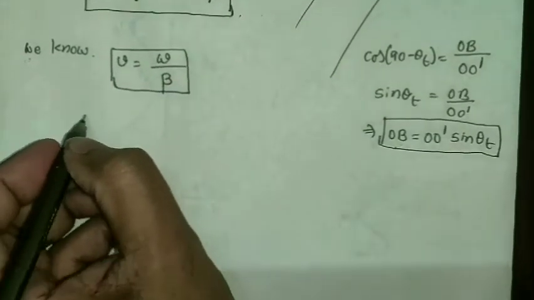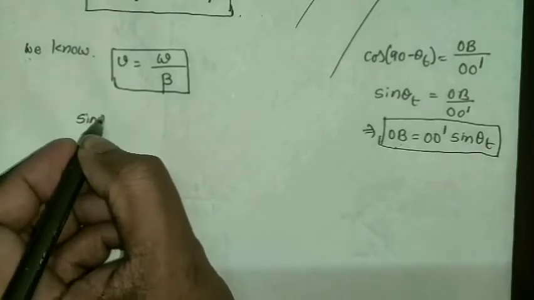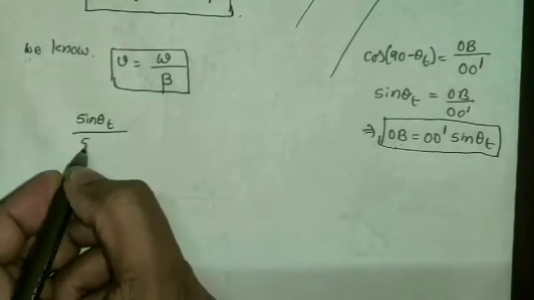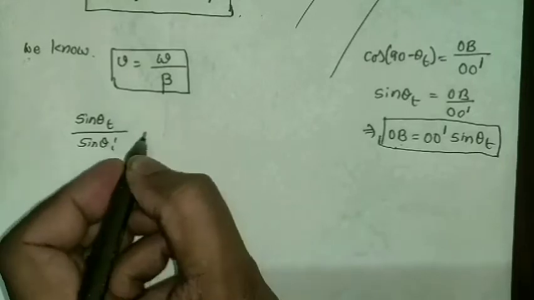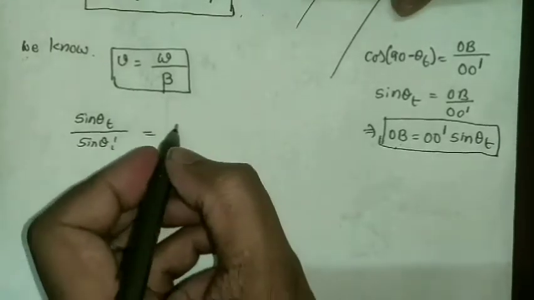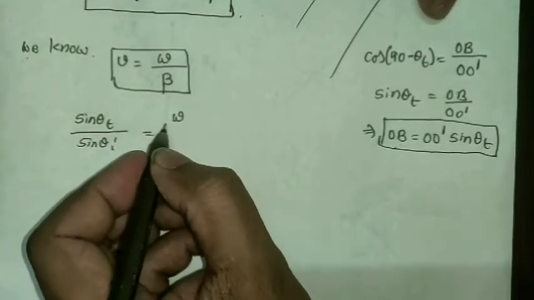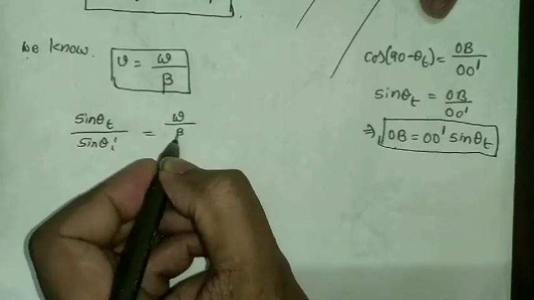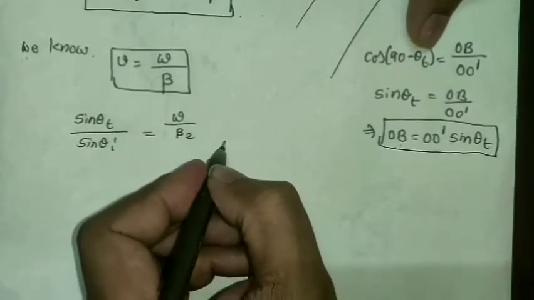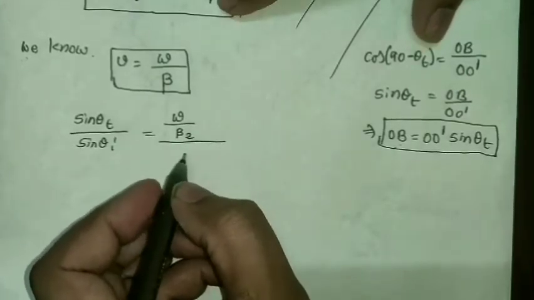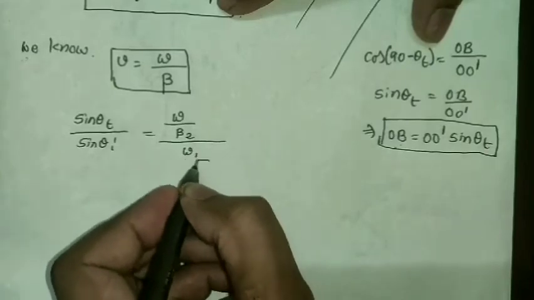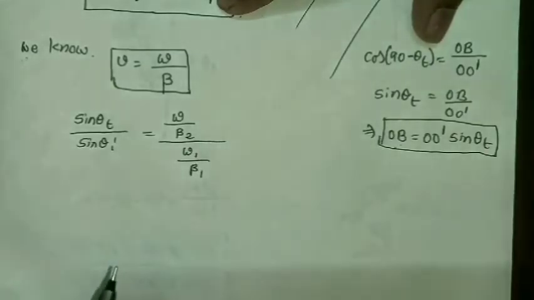That is, sin θt divided by sin θi equals, since this is velocity 2, omega 2 by beta 2 divided by V1, which means omega 1 by beta 1.